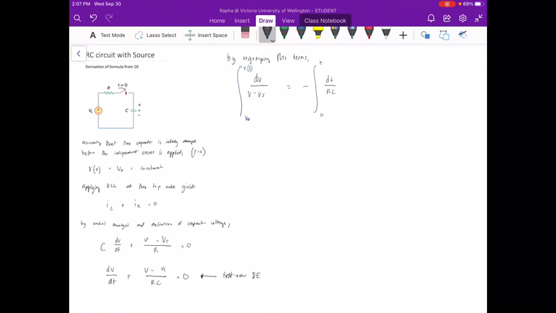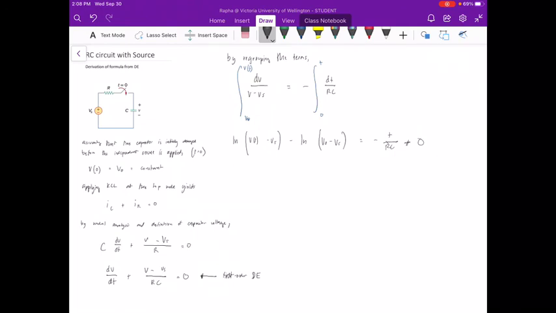So this integration will yield us ln(V(t) minus Vs) minus ln(Vo minus Vs) equal to negative t over RC plus 0, because that's our initial value.